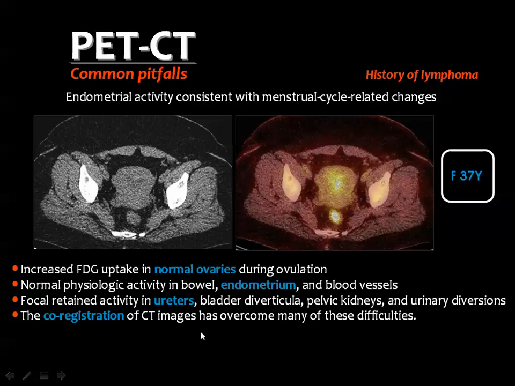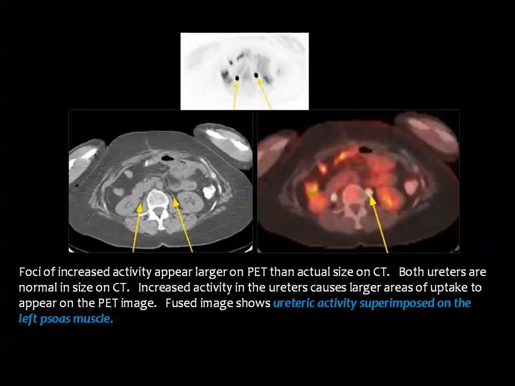And also you should be careful about the misregistration between the CT images and the PET images. And this is the uptake in the ureters, which is not, of course, seen on the CT because of the absence of contrast material here.